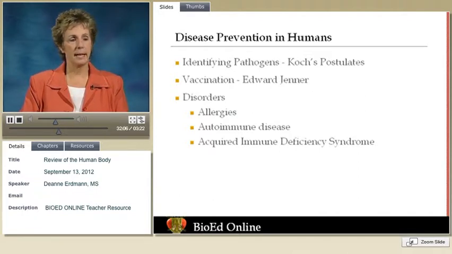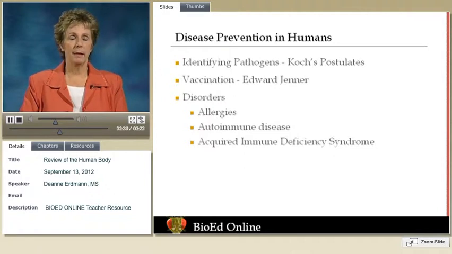Edward Jenner in 1796 discovered the vaccination process. And this is a fairly rare instance where immunity to one specific disease gives you immunity to another. And we're talking about cowpox and smallpox. And he noticed that many people that worked in the dairies had cowpox at one time, which is not nearly deadly like smallpox is, but they seemed to be immune whenever there would be a large smallpox epidemic.